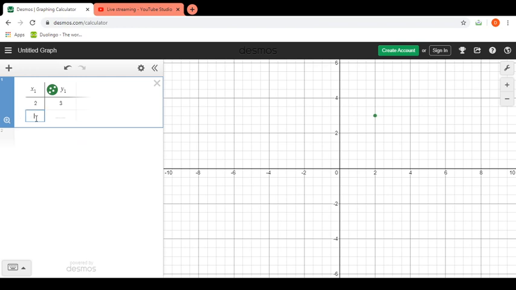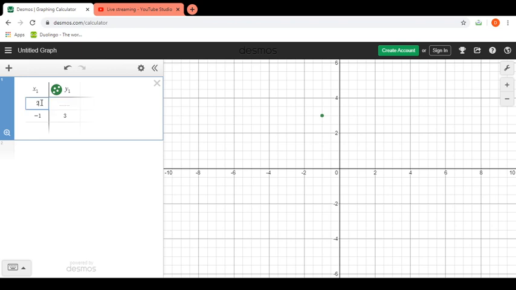Say this is now minus 1 and the other one is say 3. This is the point. I remove this one.